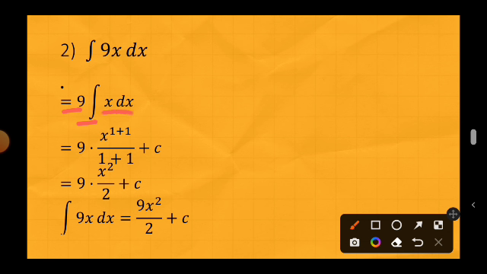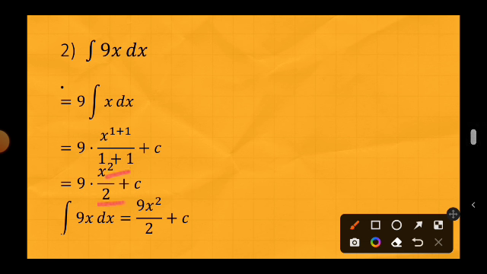After we separate our constant 9, we then apply the power rule, which means we will add 1 to our exponent and make it our denominator, and then we add the arbitrary constant. After that, we just simplify the exponent and our denominator and we get 2.